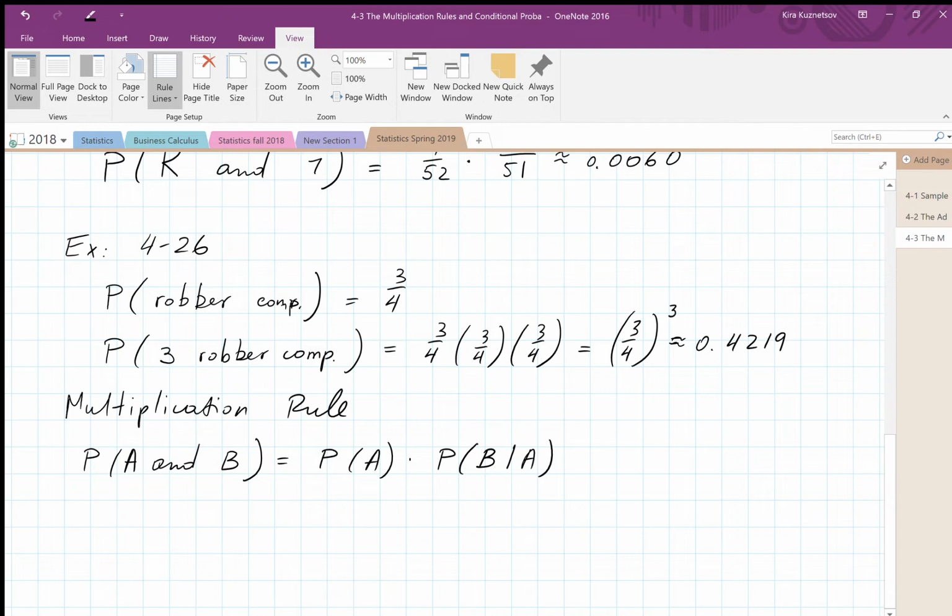Now what we want to include is the definition of the dependent event. So this formula will only be applied when two events are dependent.